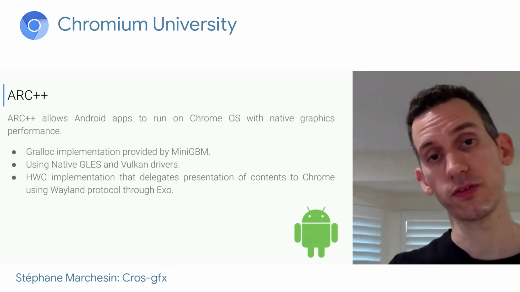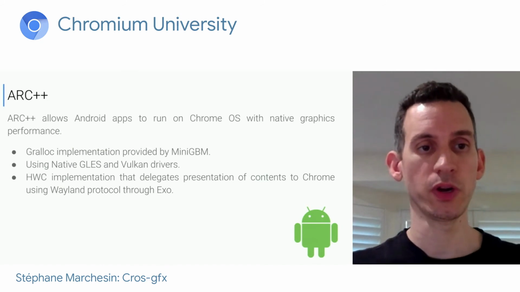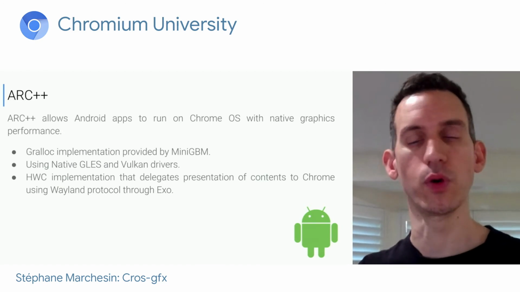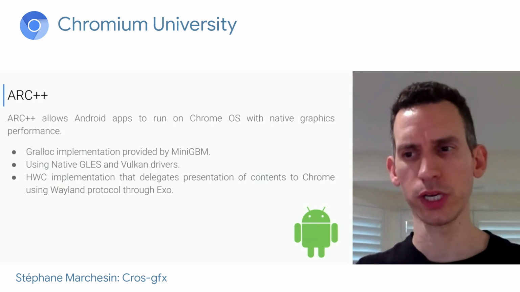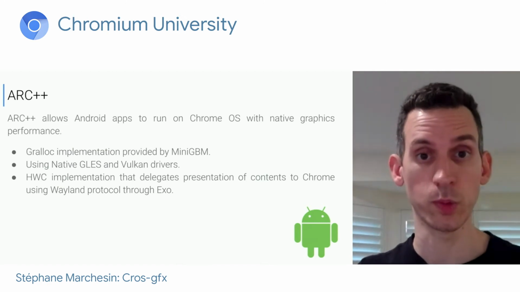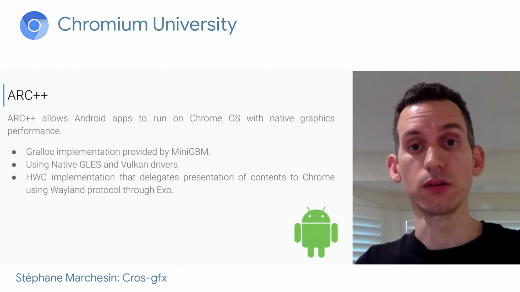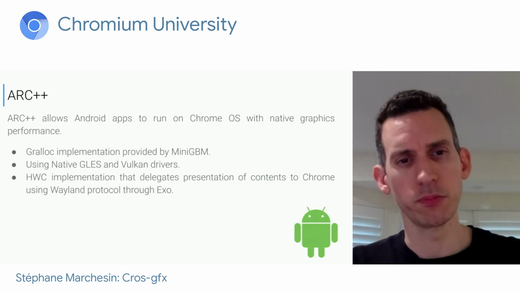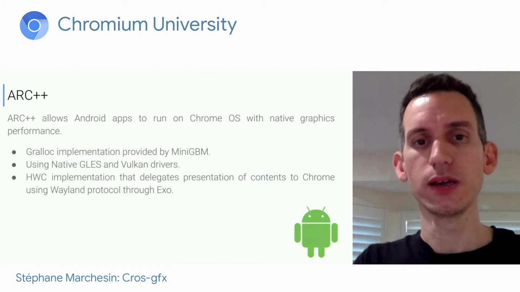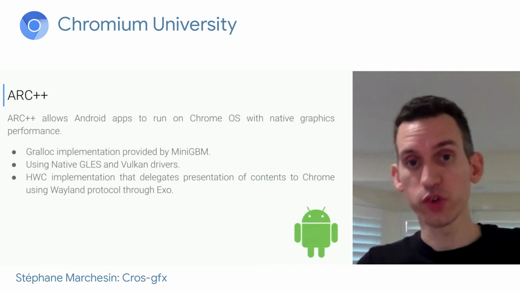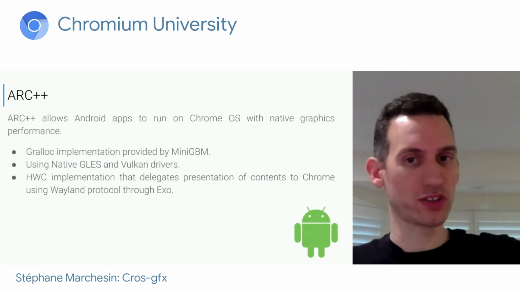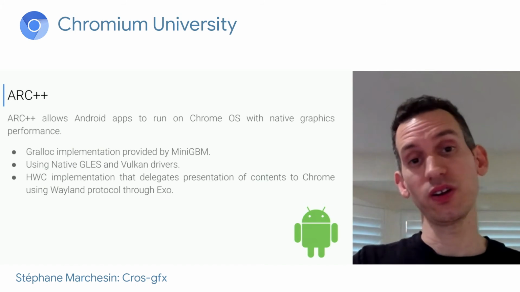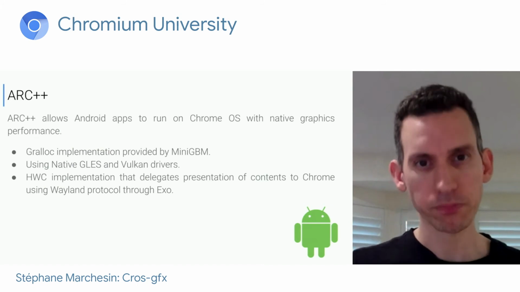Another aspect of Arc++ graphics is the GPU memory allocation. Gralloc is the standard on Android for implementing GPU memory allocation, but what do we do on Chrome OS? Well, on Chrome OS, we've simply implemented Gralloc on top of our minigbm buffer allocator. This means that we can reuse all the drivers that we already had that we talked about earlier. We can just put a different front end on top of them, and we're good to go.